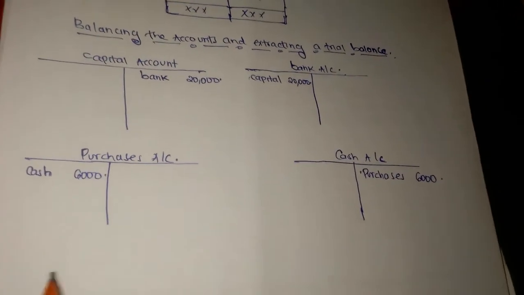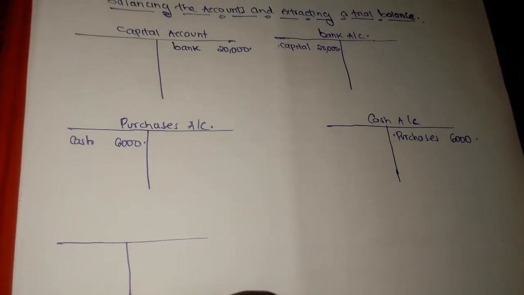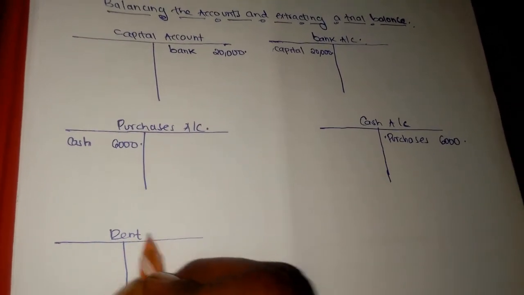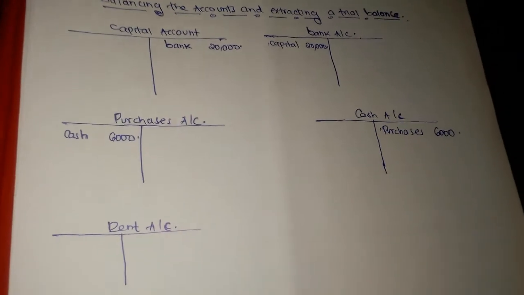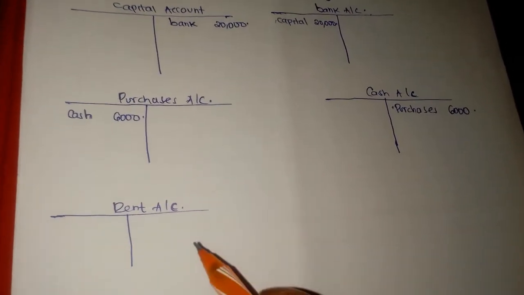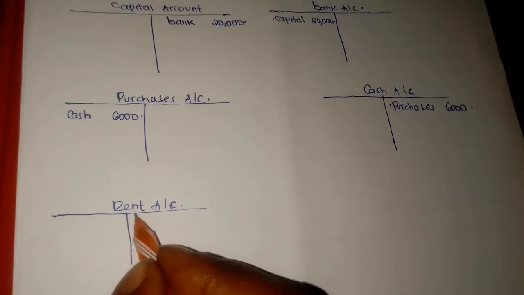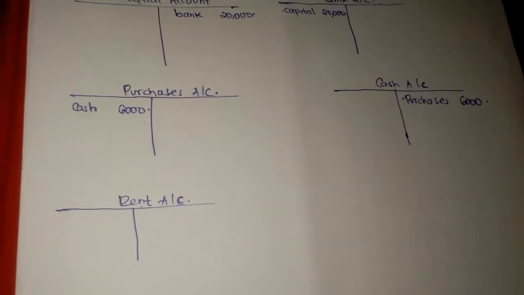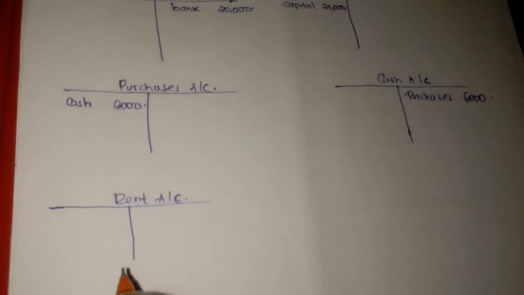Then the next question, paid rent shillings 2,000. He paid rent, so we're going to open the rent account. In the rent account, we're going to add some money, so we're going to debit it.